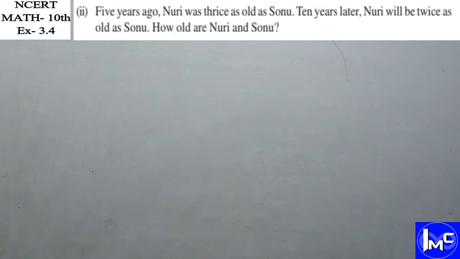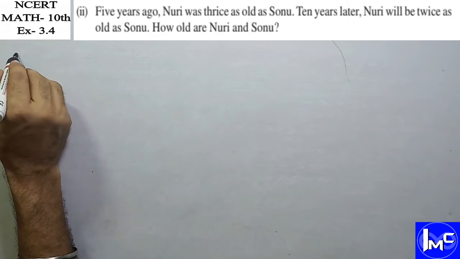Part number 2 of question number 2 is: 5 years ago Noori was thrice as old as Sonu. 10 years later Noori will be twice as old as Sonu. How old are Noori and Sonu? This is a type of question in which we have to find the present ages of the persons, and we will suppose those ages.